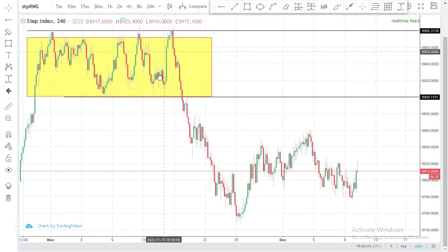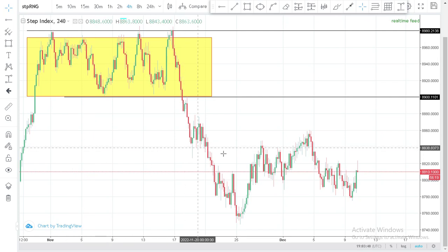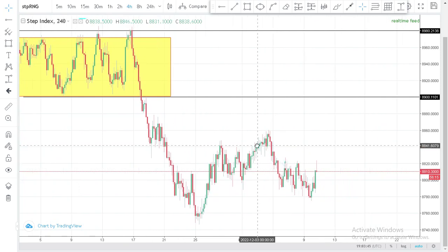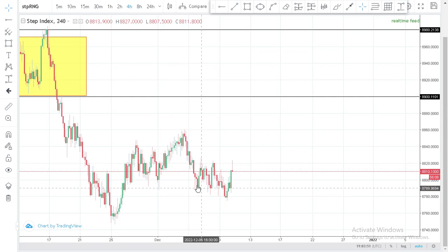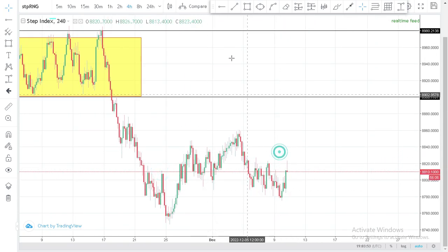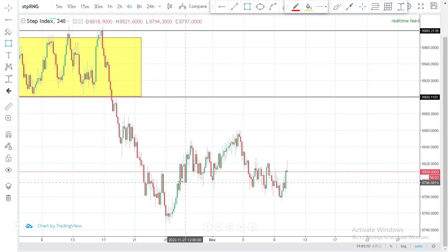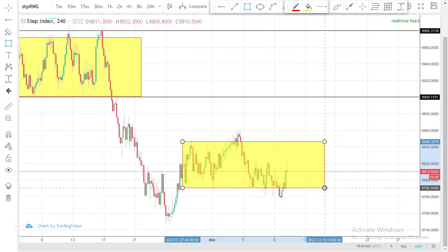The market has been consolidating, but on smaller time frames it was kind of ranging. So for entries, if I were to look for entries here, there's actually nothing, guys. I won't lie to you, because you can see the market is consolidating as of now.